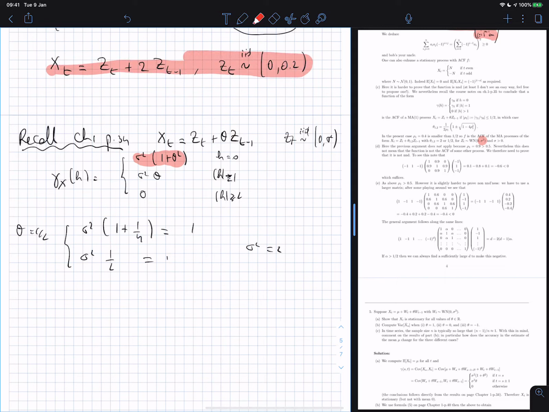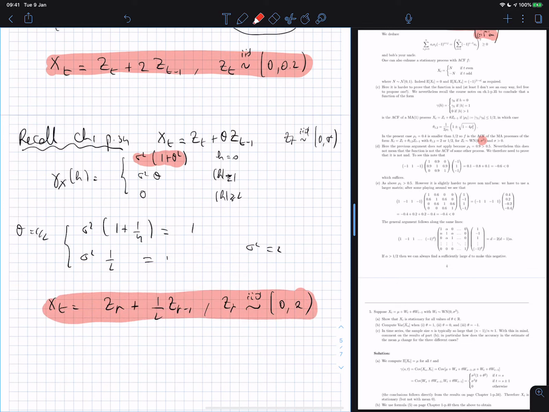So that's the first solution, and the other solution is X_t equals Z_t plus 1/2 of Z_{t-1}, with Z_t iid with mean 0 and variance 2. These two are indistinguishable. They are different processes with the same covariance structure.